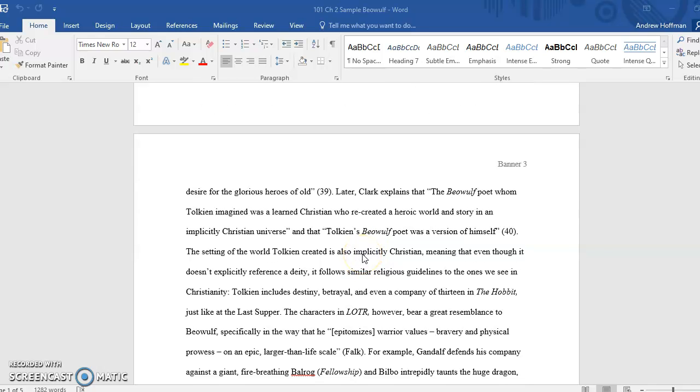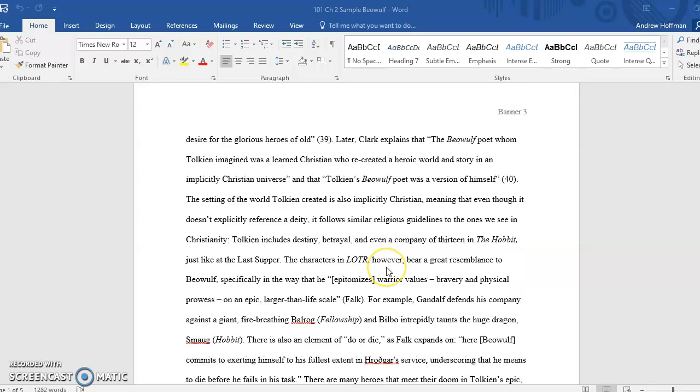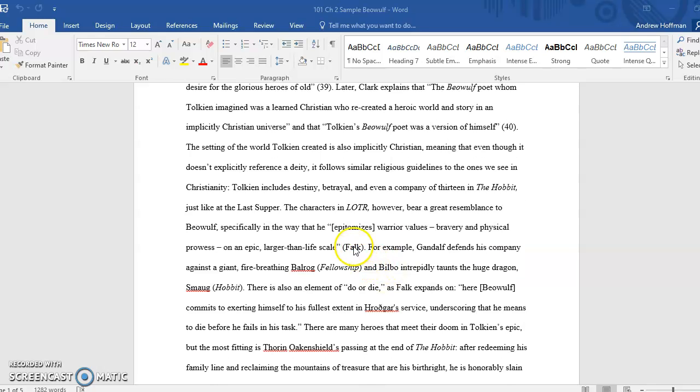Right? Some other quotes from Clarke. Clarke 40 over here. This quote here, and I just bring this up to show you, it has a word, epitomizes, in square brackets. The square brackets signify that the word is actually not in the original, but that the student, Mr. Bruce Banner, added that word for clarity.